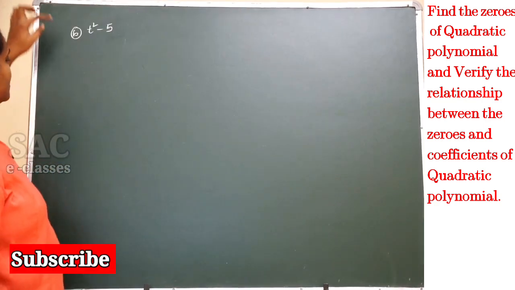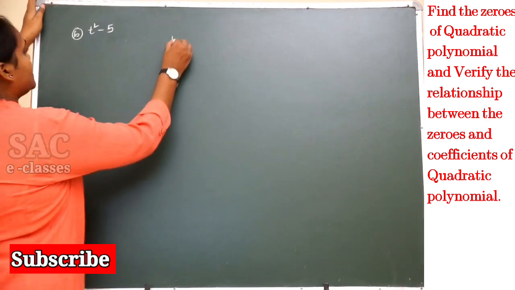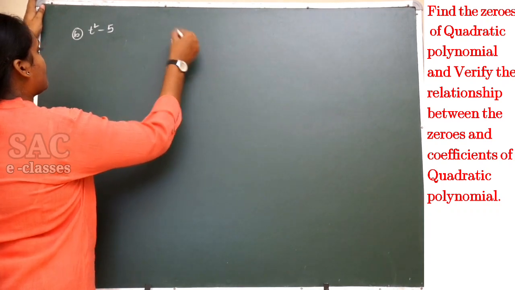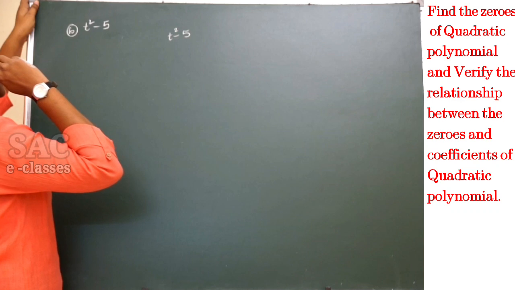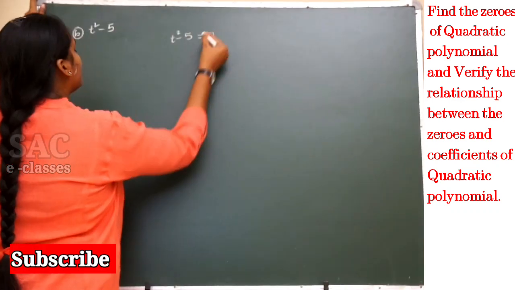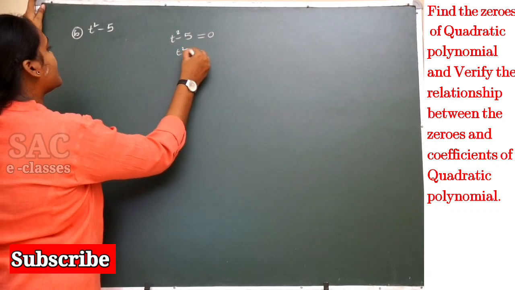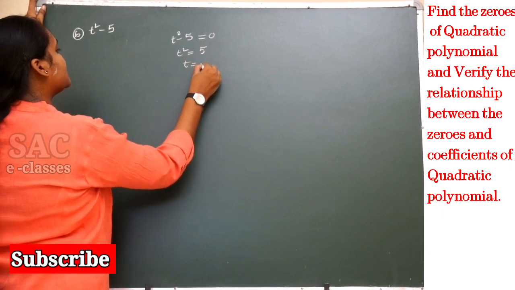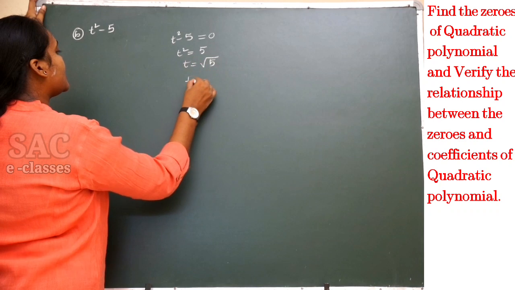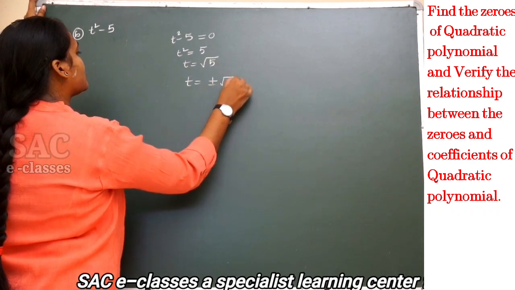In this model, the next problem is t square minus 5, the quadratic polynomial. They are asking you to find the zeros. As we know, make it equal to 0, then t square is equal to minus 5, which is transposed as plus 5. Then t is equal to plus or minus root 5.